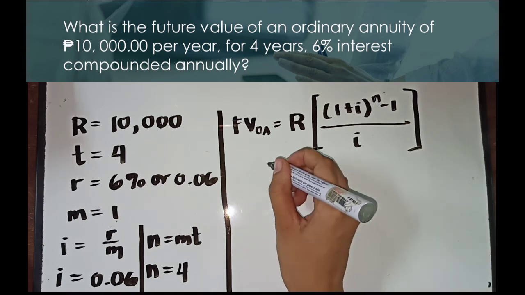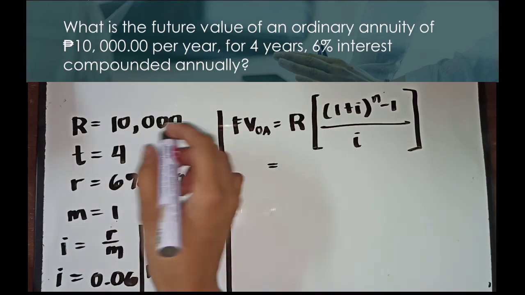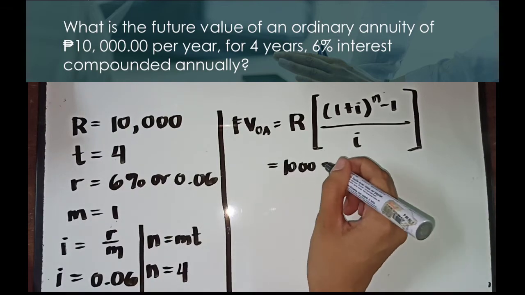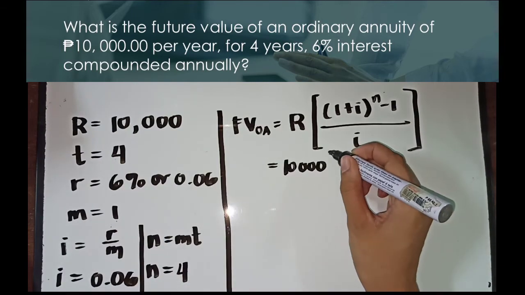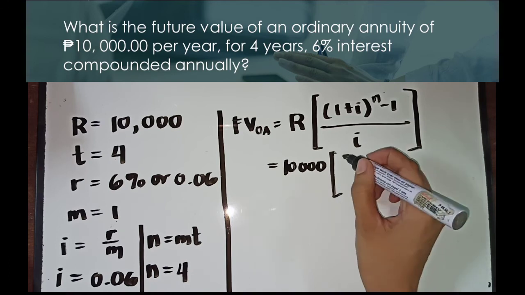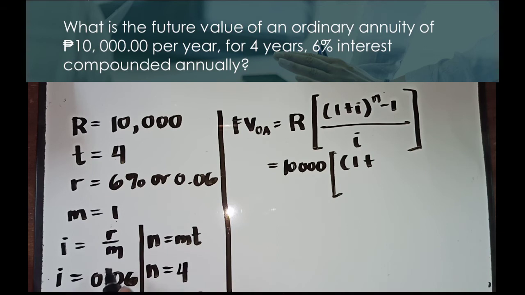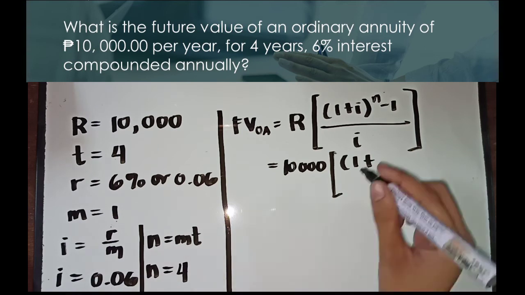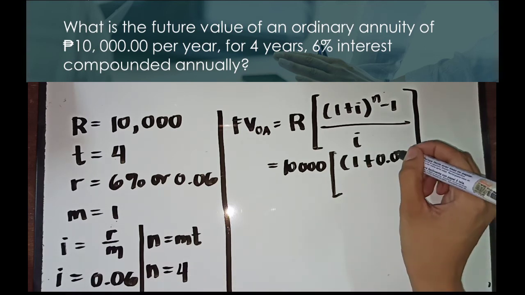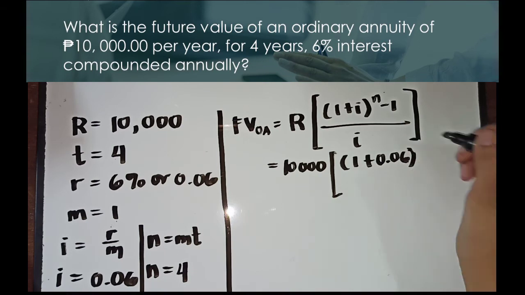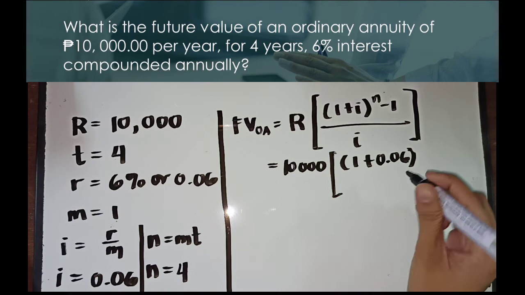So that is equal to the value of our R, or our repayment, is 10,000 pesos. Then multiply by 1 plus the value of your I is 0.06. So 1 plus 0.06 raised to the value of your n is 4.